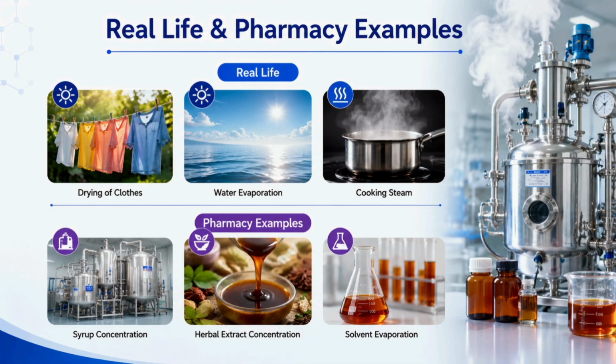This is very important because many drugs are heat sensitive and may get damaged at high temperatures. Reduced pressure lowers the boiling point and protects the medicine here. Another example is milk concentration in food industries. Thus, evaporation is useful not only in pharmacy but also in food and chemical industries.